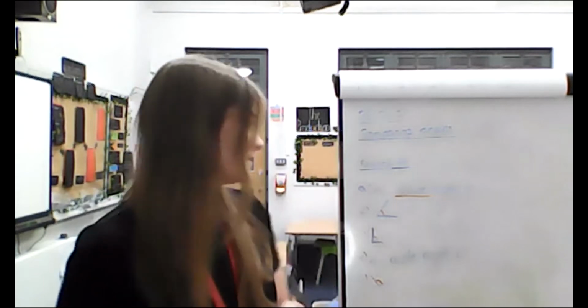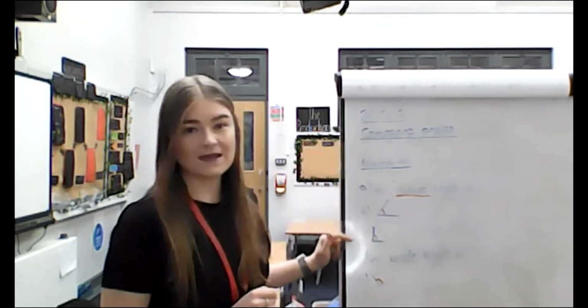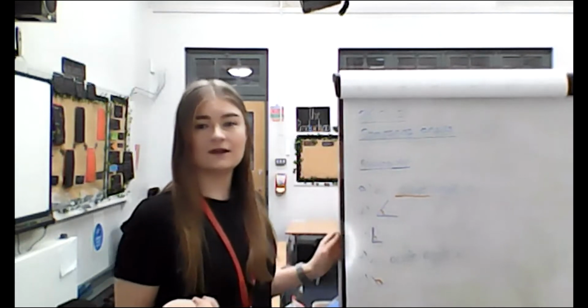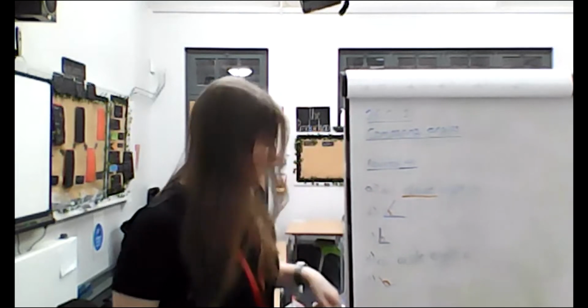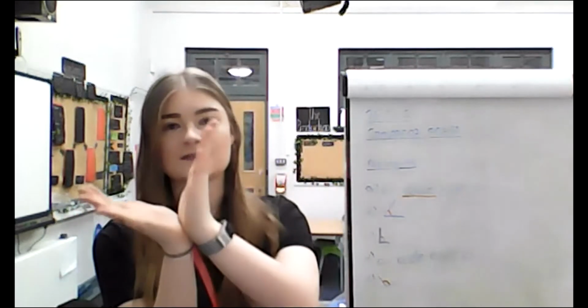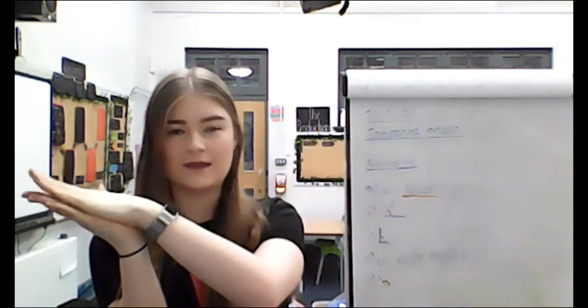Okay, and so B is an acute angle, C is a right angle or a quarter turn. I will let you have either of those. D, an acute angle is ... You should have got an answer saying that an acute angle is any angle that is smaller than 90 degrees, which is your right angle.